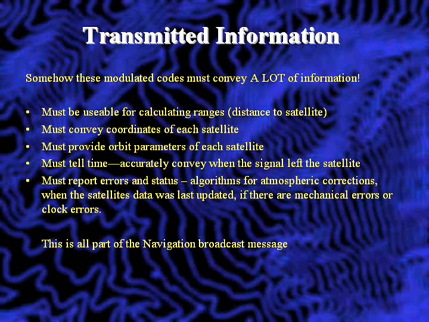Sudhanshu mentioned the importance of time, so we need accurate time, which is also synchronized. Then we must report error status, for example, whether the satellite is in service right now or whether there are any other problems. And then we also need some information on atmospheric corrections. All of this information is part of the navigation broadcast message.